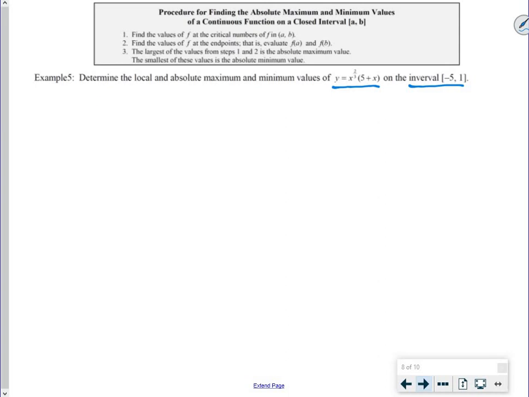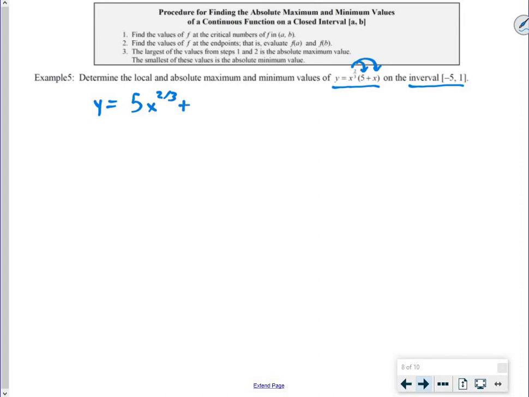It might be helpful for you to take the derivative if you write the function like this, so just distribute that into each term.